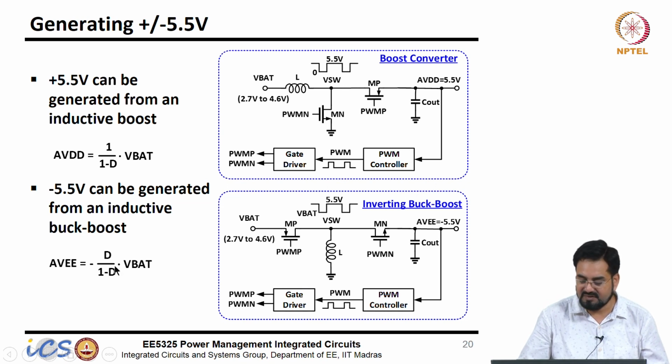If it is positive, we already know it's a buck boost, D over 1 minus D. The only difference is it gets a negative sign here. Both have their own control loop. So 5.5 volt will be regulated by the boost, and minus 5.5 will be regulated by the buck boost. It's a bit expensive, but in terms of efficiency it may be better, because it does not require any LDO.